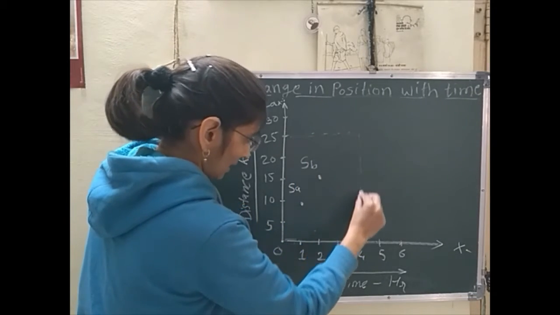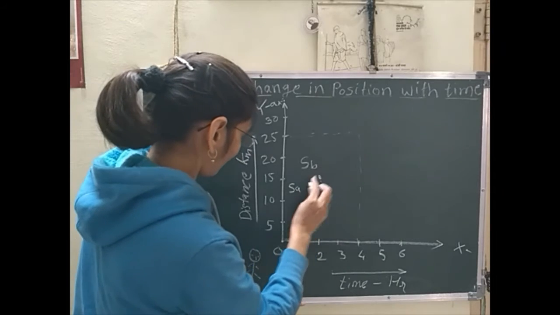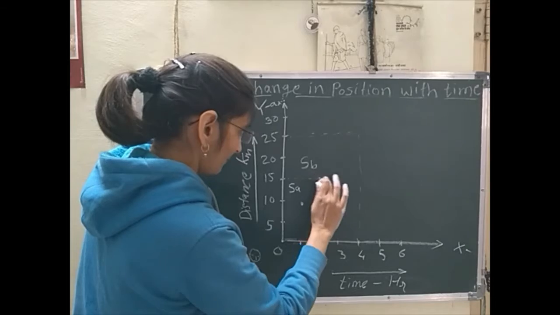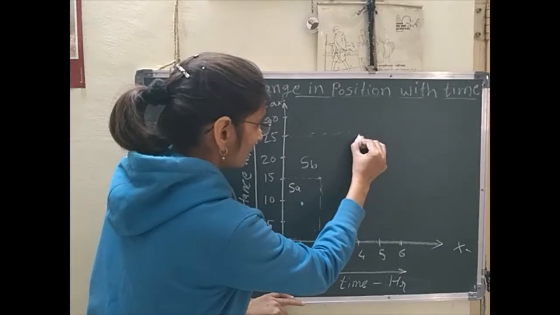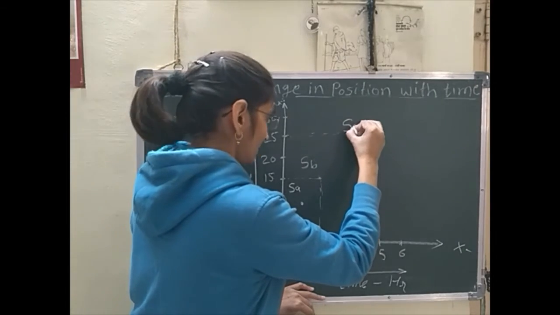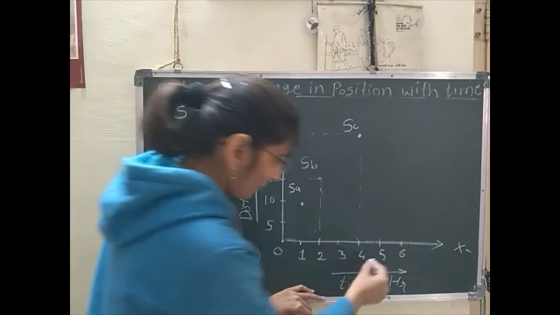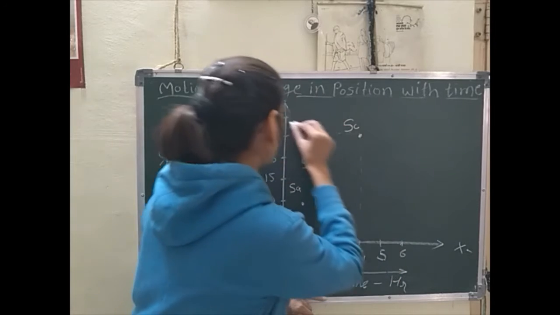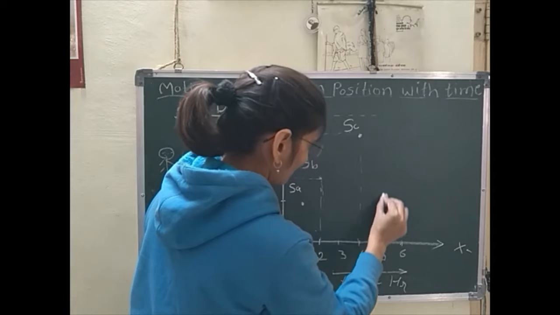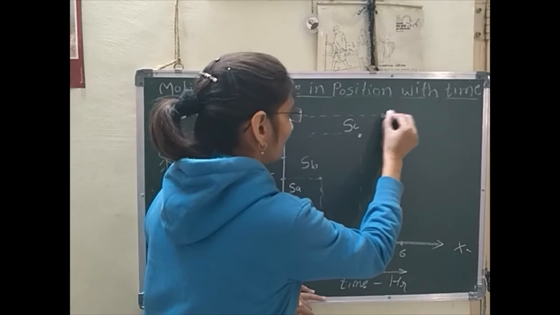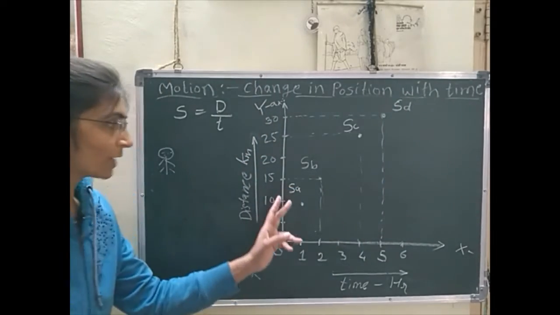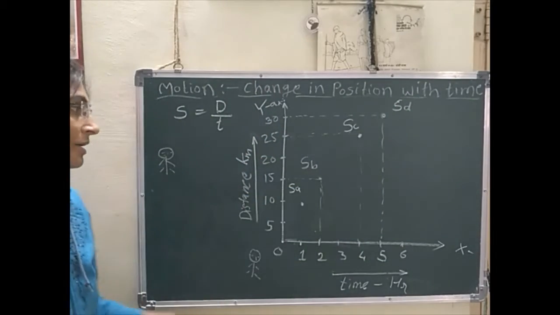So I have to plot the graph here. For 15, this point. For 25, this point I will get, this will be C. And after 5 hours, he will travel 30 kilometer as D.